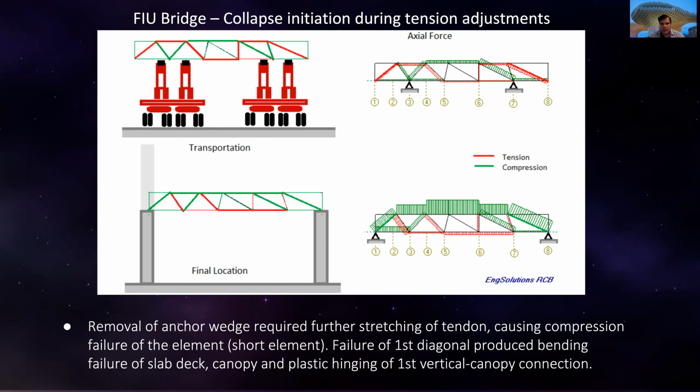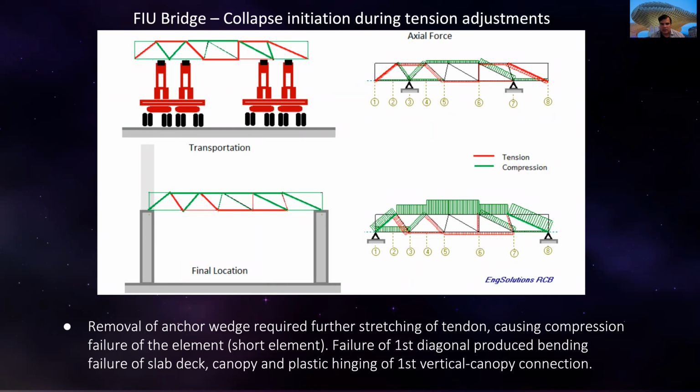Well, they needed to remove an anchor wedge in order to stress the element. There are elements made out of concrete that can be post-tensioned. I mean, the steel inside will be stressed later on in order to allow this to work.